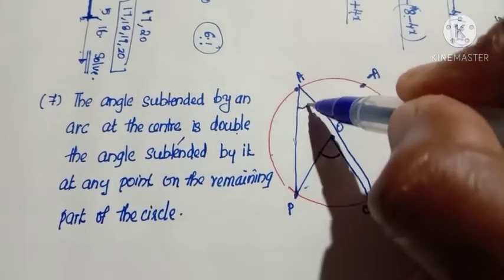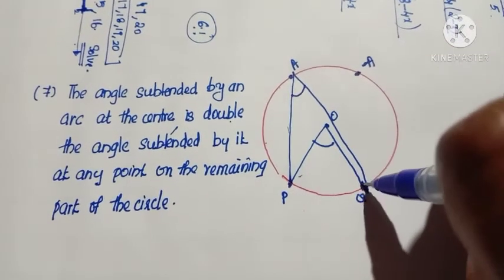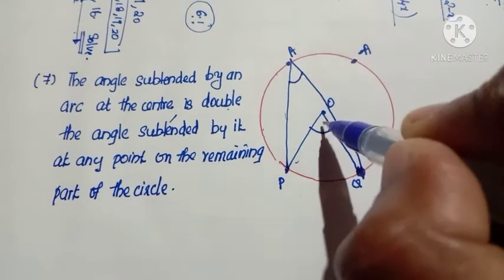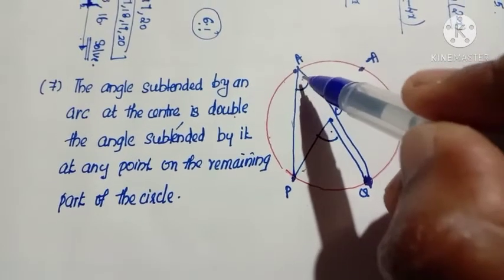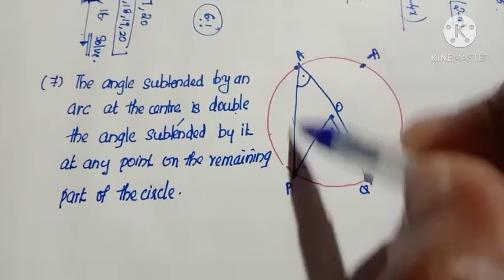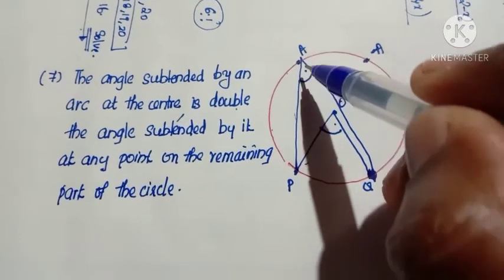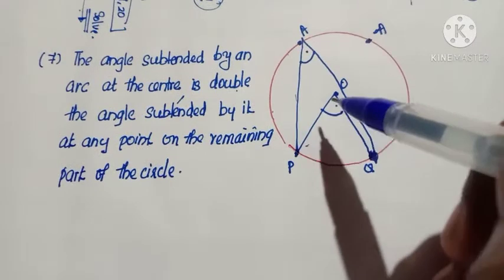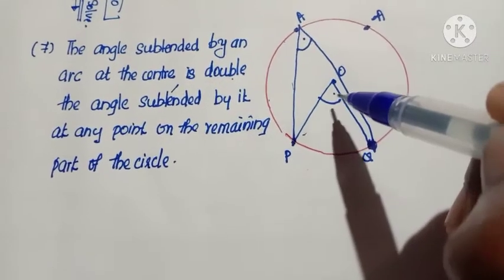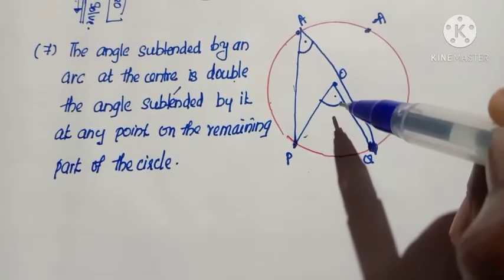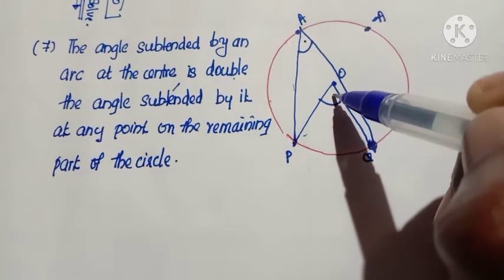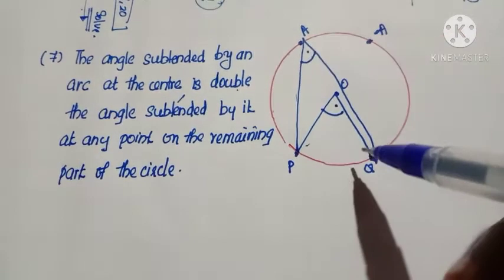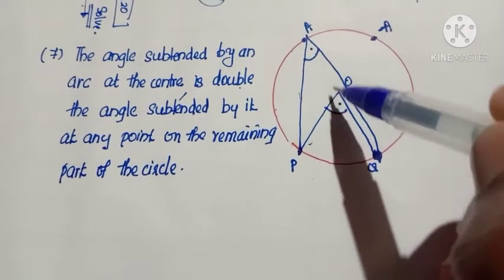So POQ is the angle subtended at the center and PAQ is the angle subtended at another point of the circle. By the theorem, the arc PQ subtends an angle at the center that is double this angle.